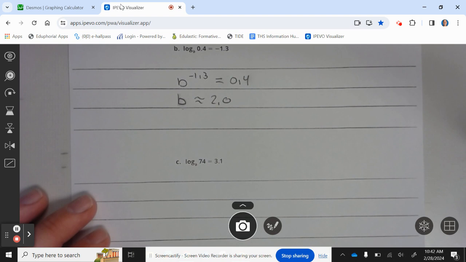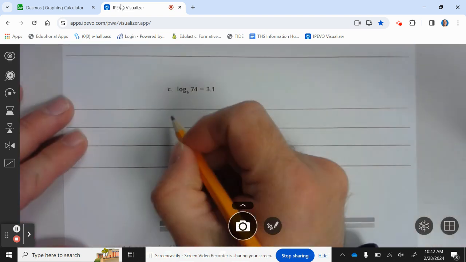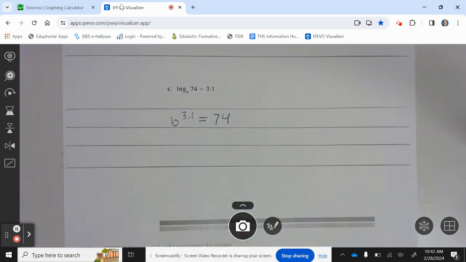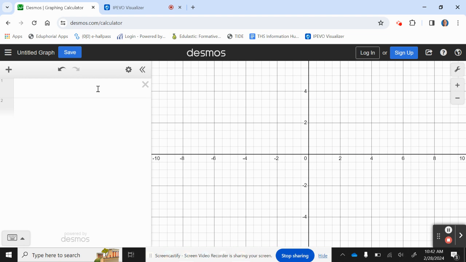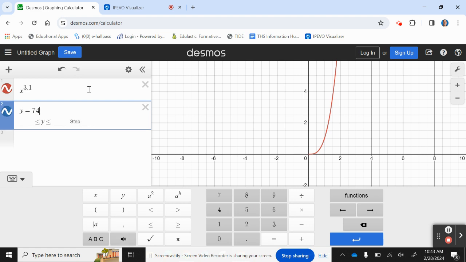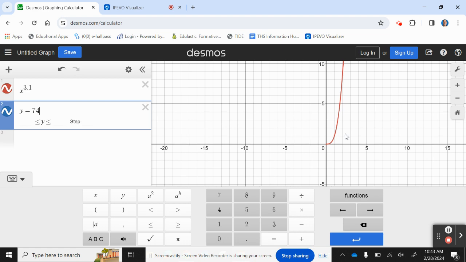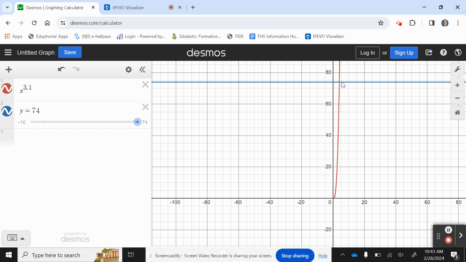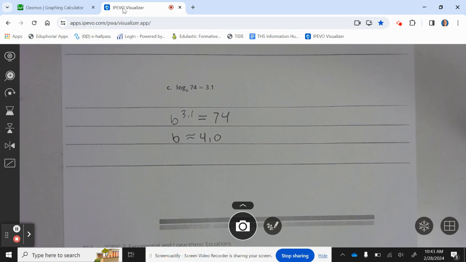Let's take a look at c. C can be written as b to the 3.1 equals 74. Okay, so you can zoom out till we see the point of intersection, and then zoom back in. Right, b is approximately 4.0.